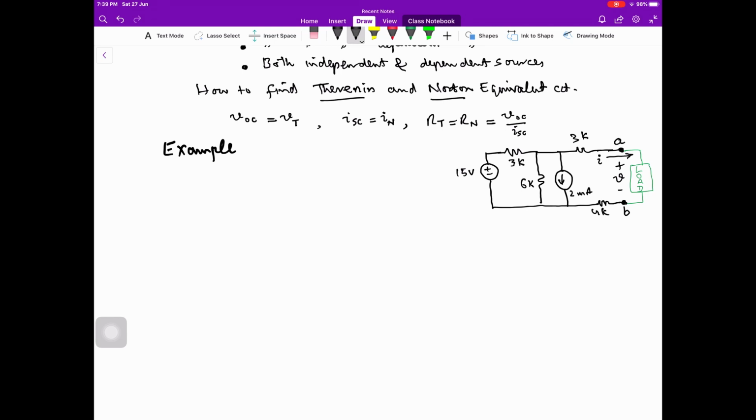Now, we have to express the circuit. This is the interface, and our circuit is shown like this. So this is our circuit, and we will find a way to show this circuit with a pair of terminals A and B, and over here is the load.